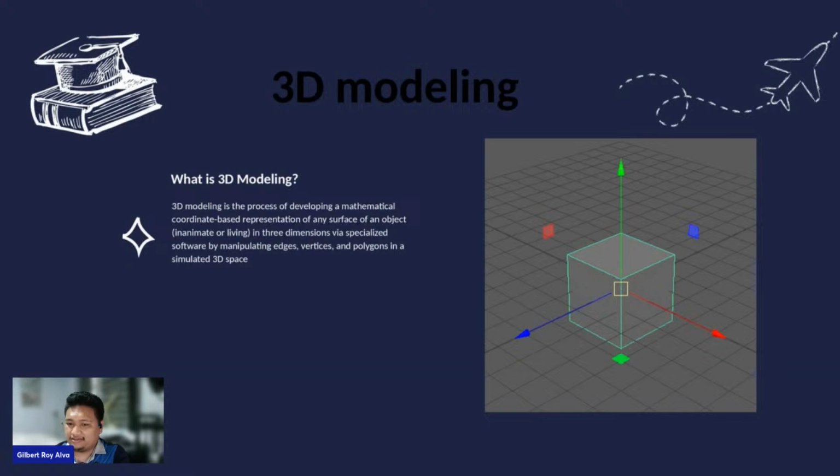What is 3D modeling? 3D modeling is the process of developing a mathematical coordinate-based representation of any surface or any object, inanimate or living. For inanimate, it's basic objects, like for example bags or bottles.